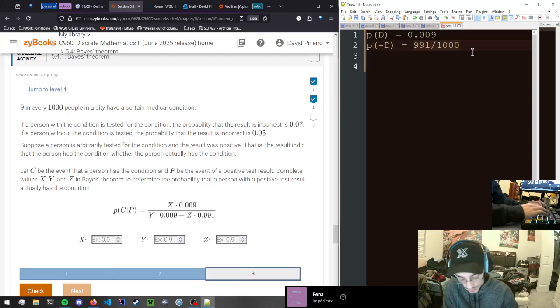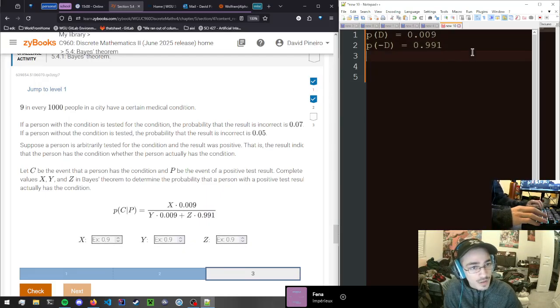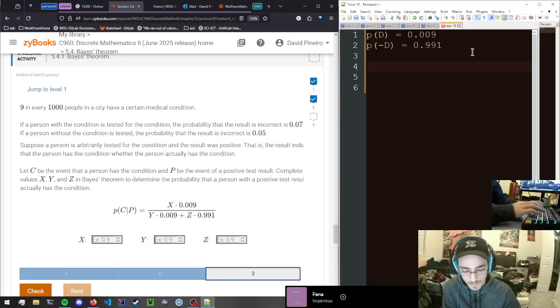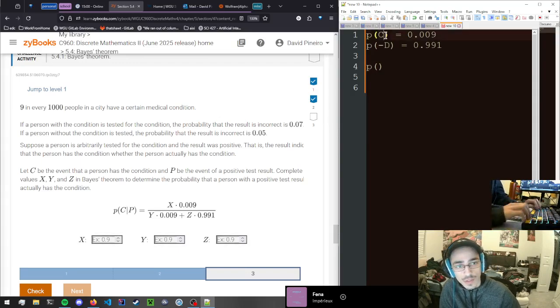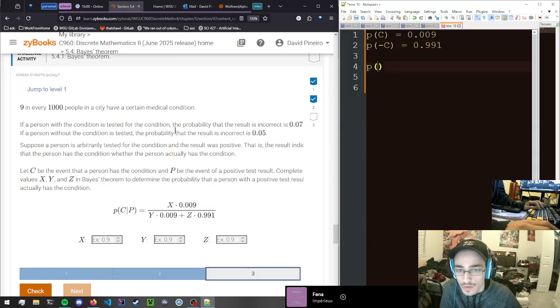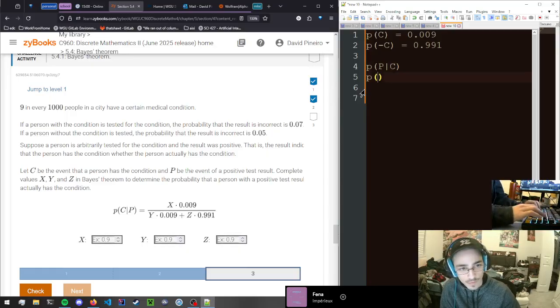And this is 0.991. Okay. So they're saying there's a test. So C is they have the condition. P is positive test or whatever.